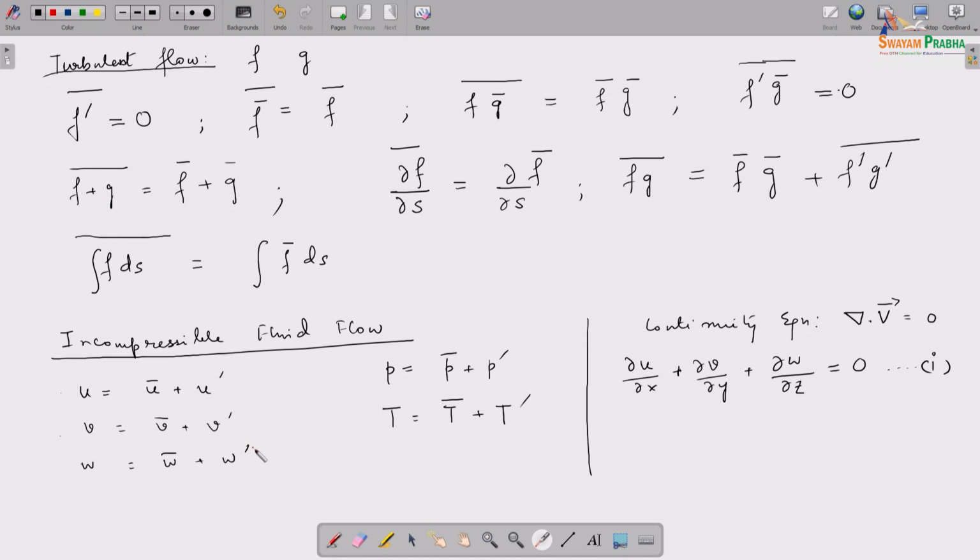This is my understanding of how I want to describe a turbulent flow, where I take a mean flow and add a certain fluctuation to it, and these are functions of space and time, all of these quantities.